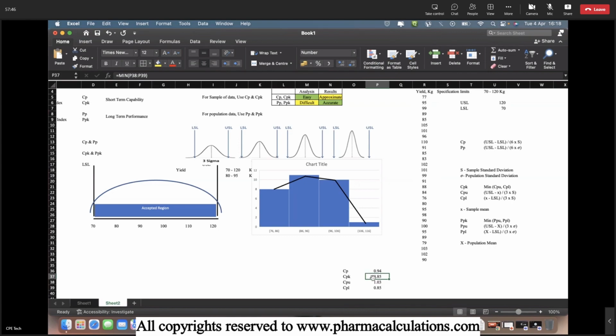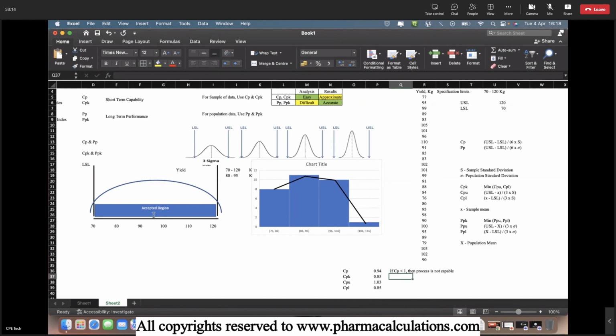Now we got the values, and based on these values we need to comment on the process capability, whether the process is capable or not. If you look, the Cp is less than 1 here. If Cp is less than 1, then the process is not capable.